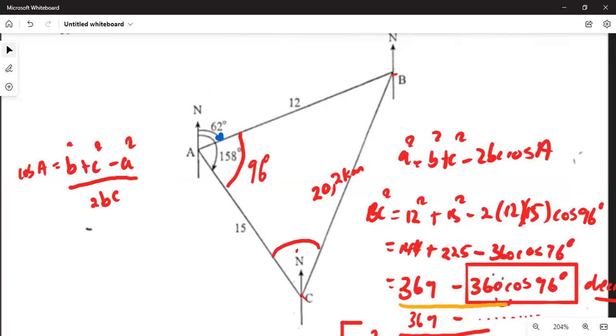That means in this case we are referring to cos of this angle at C. So you can just write it as cos ACB, which is the angle that we want to calculate. Cos ACB is equal to what? This B and C are the sides that form the angle, which is this side here and this side here. B and C, according to the formula, are the sides that form your angle.